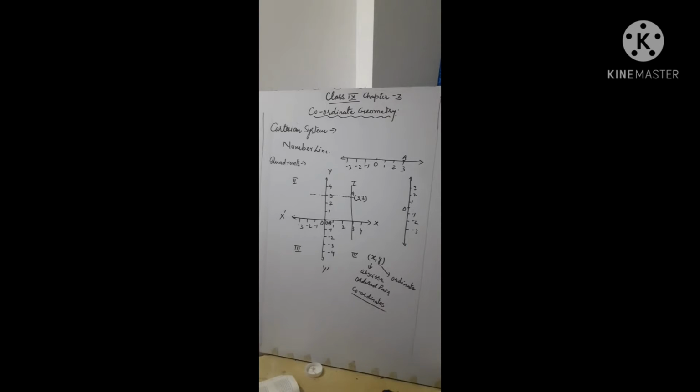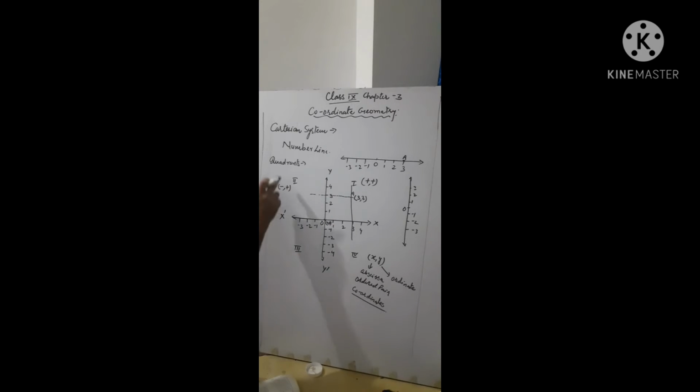And one thing is that this coordinate represents plus, plus, means abscissa and ordinate both are positive, this is the x, this is the y. So this is positive, this is positive. The second quadrant: in the second quadrant the value of abscissa is negative and the value of ordinate is positive.